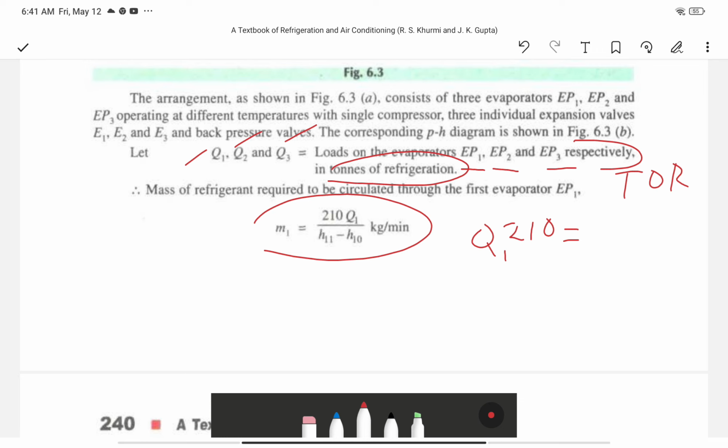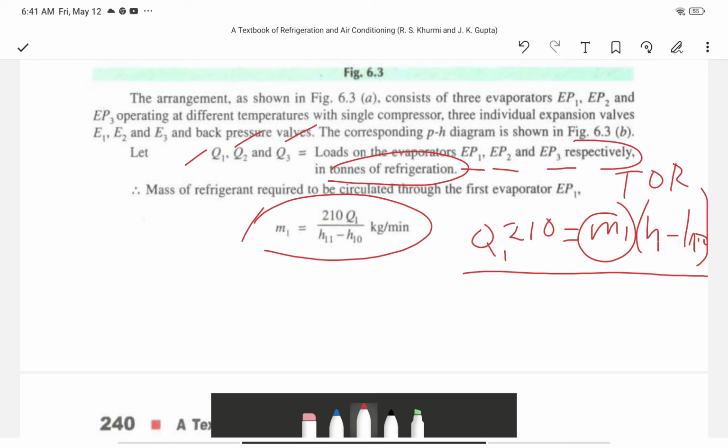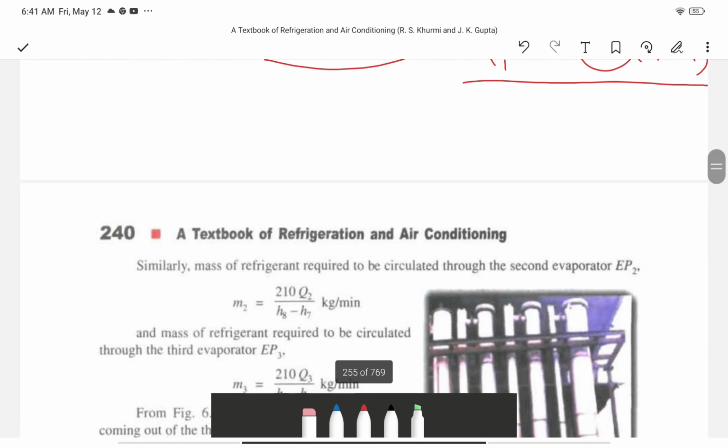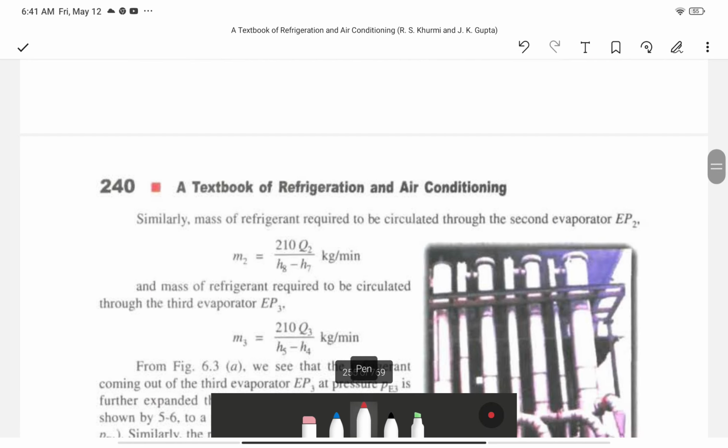That is basically M1, if you analyze evaporator 1, times H1 minus H10. So that is where it comes from. If you want to take M1, then you have this equation. In a similar way, you will do that for your M2.